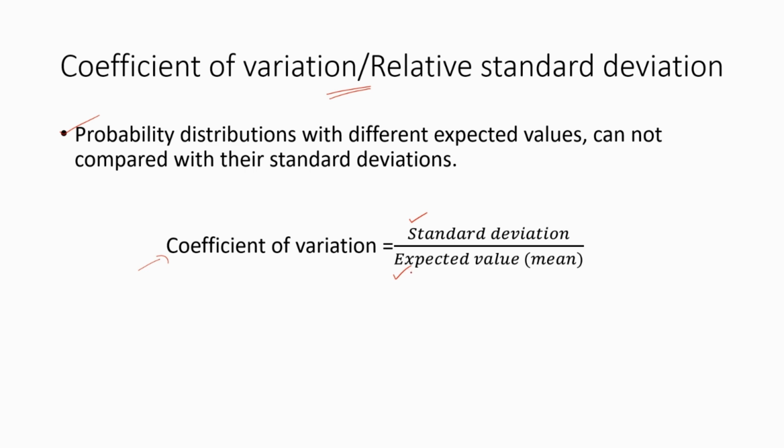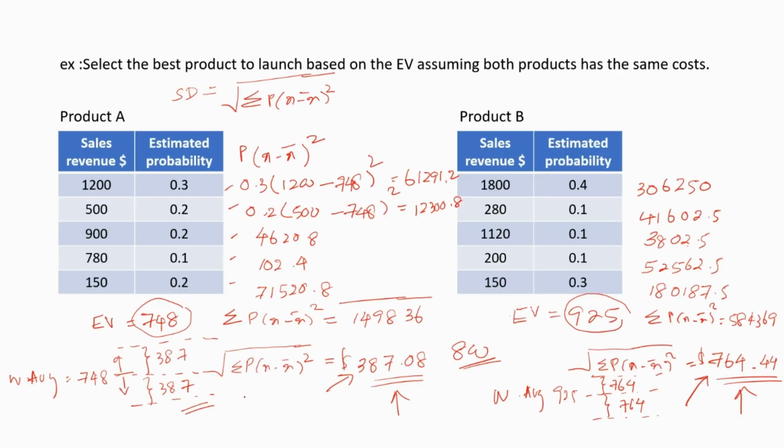Let's calculate the coefficient of variation for the previous example. For product A, the coefficient of variation equals the standard deviation 387 divided by the expected value 748. This equals 0.52.